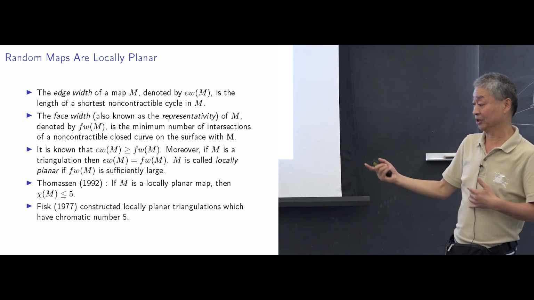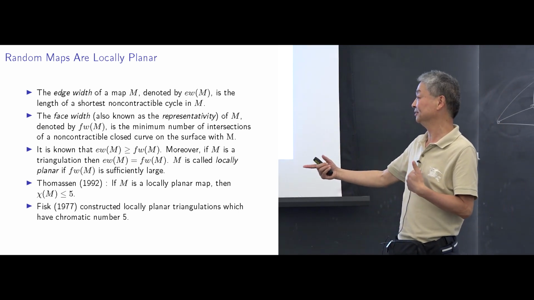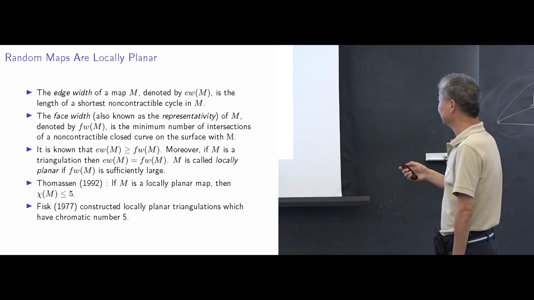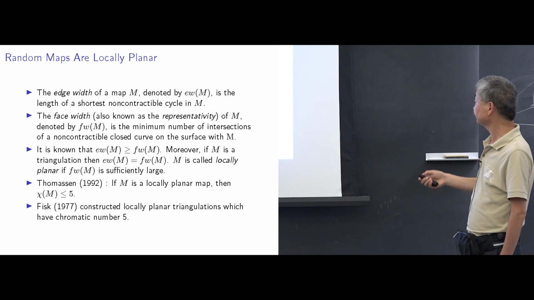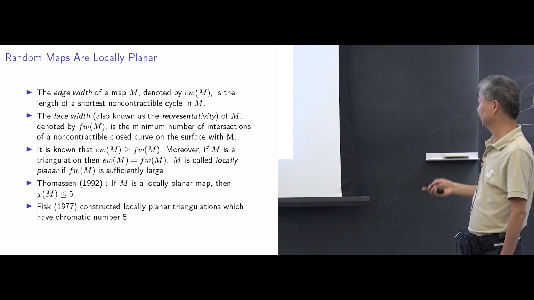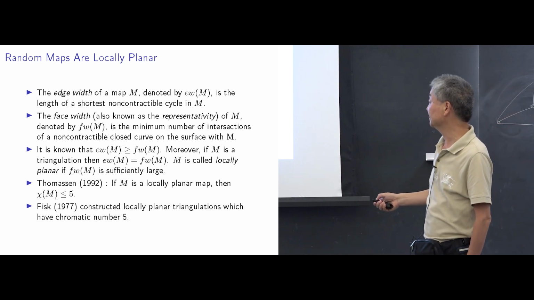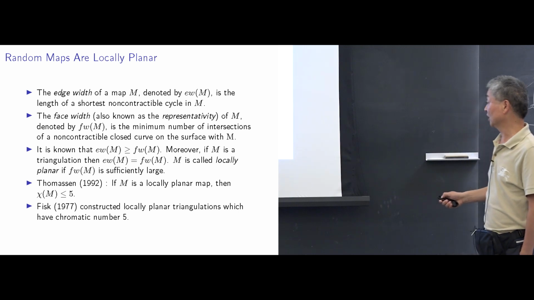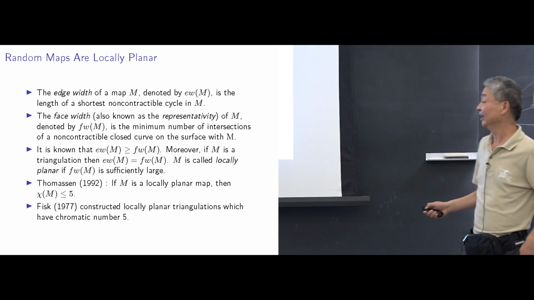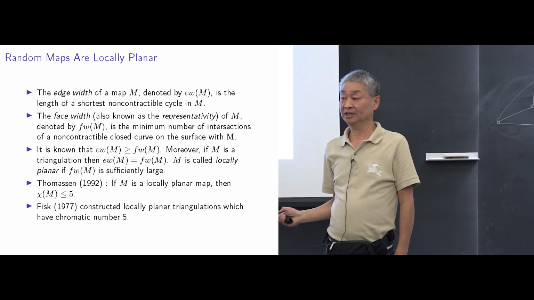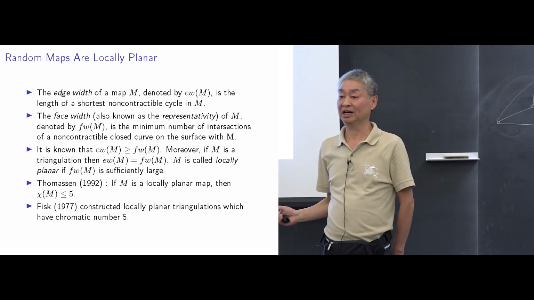And of course, later along came the famous graph minor theory by Robertson and Seymour. But coming back to the coloring: in 1992, Thomason proved that if a map is locally planar, then it is 5-colorable. Okay, so the chromatic number is at most 5.